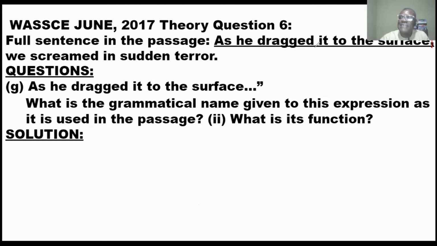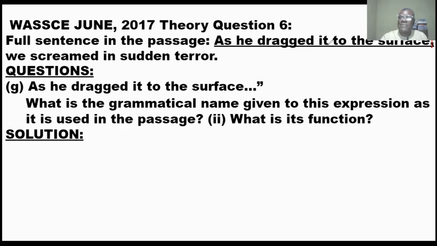As he dragged it to the surface. Now we can rephrase it. When he was dragging it to the surface, or while he dragged it to the surface, all these possibilities suggest the idea of time. So it raises the question, when? When did we scream in sudden terror? As he dragged it to the surface, or while he was dragging it to the surface?